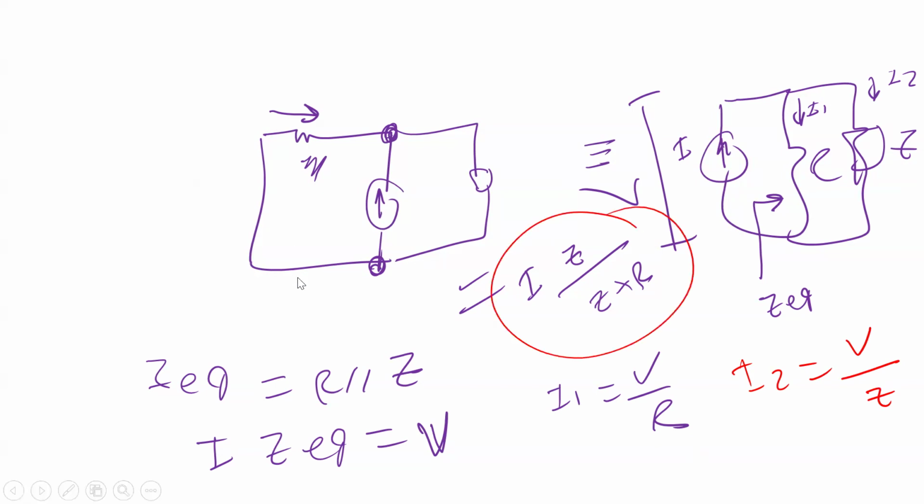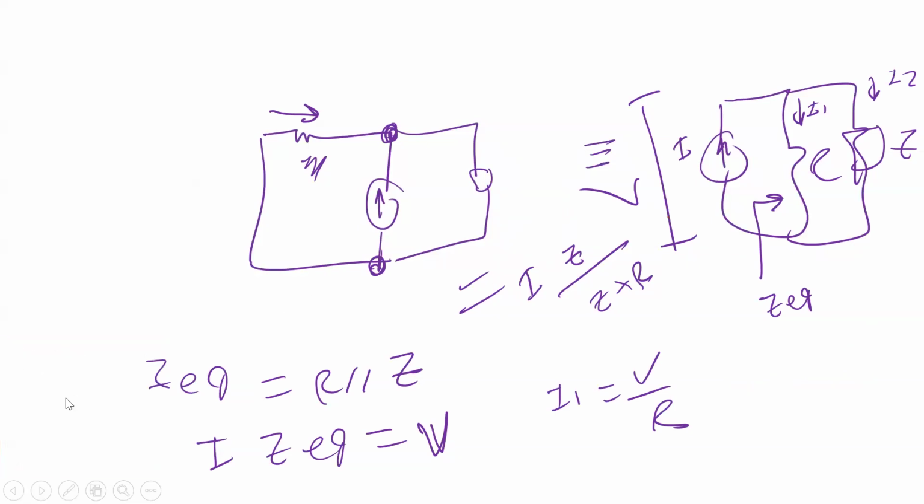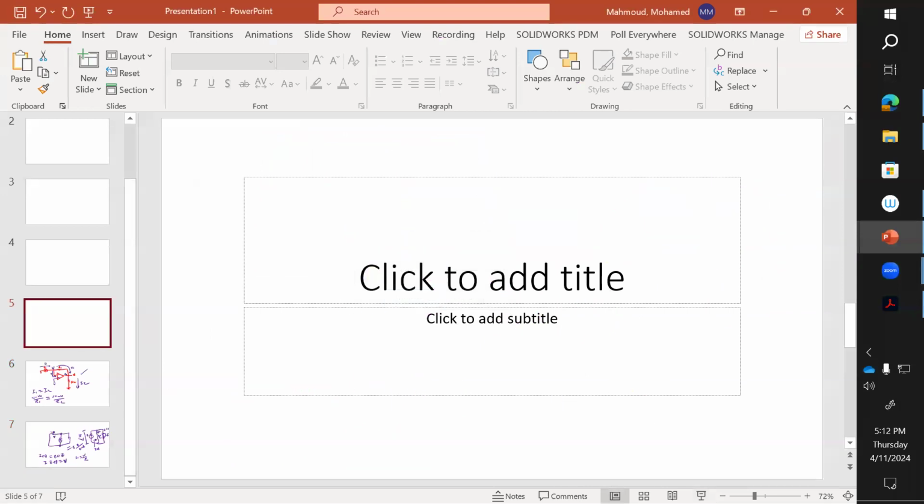By the way, I found something very weird, or some student made this mistake, guys. In exams, you have to be careful when you apply current division or voltage division. When I explained it, I was very clear.